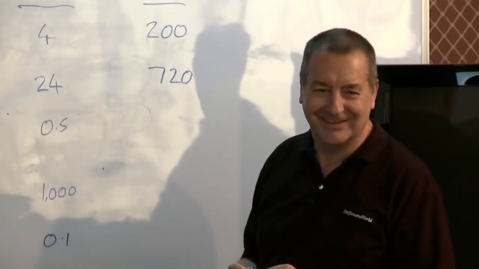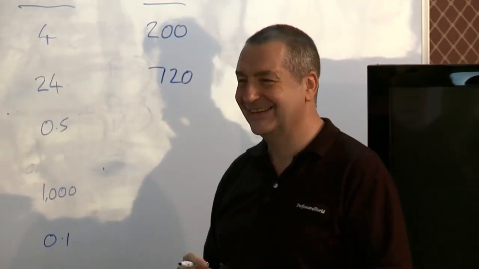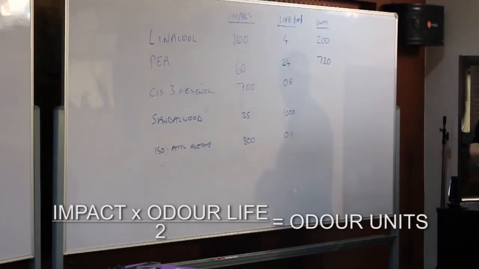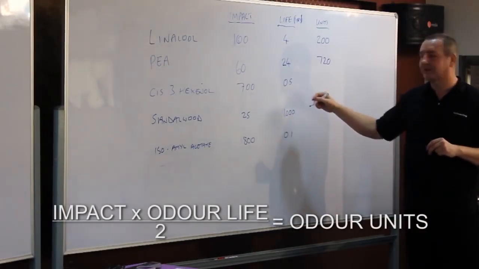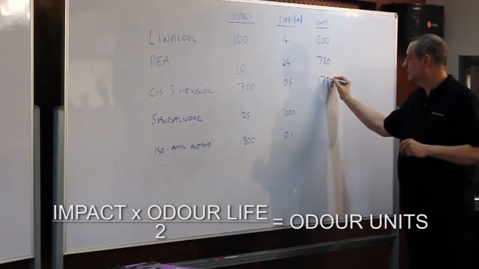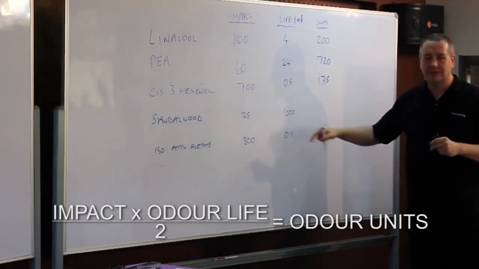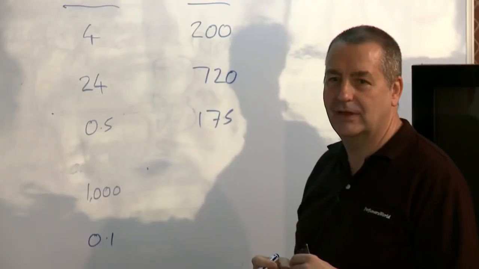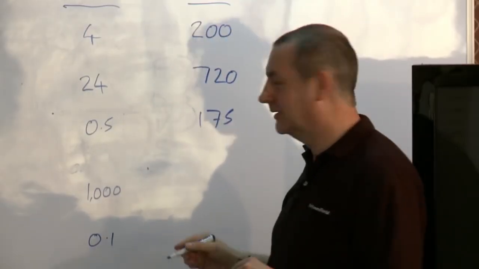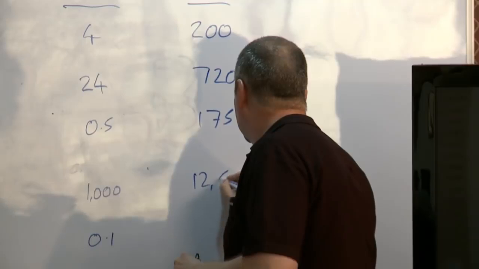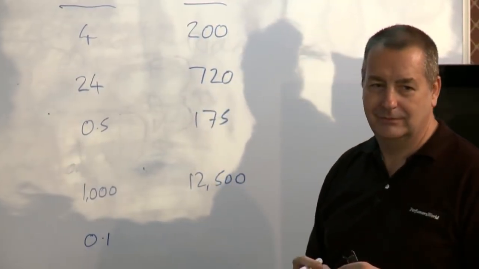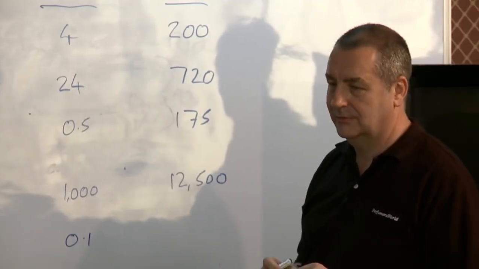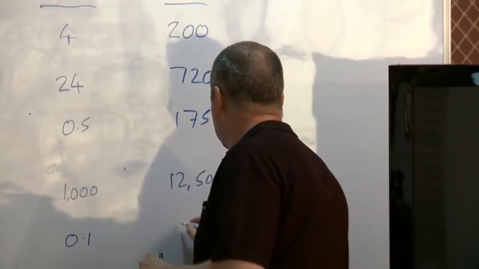No calculator. 350? 175, because of dividing by 2. Sandalwood? 5,000, 12,500. Yep. And isoamyl acetate? 40.